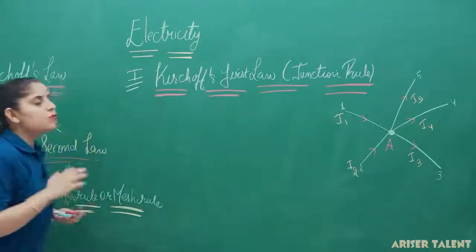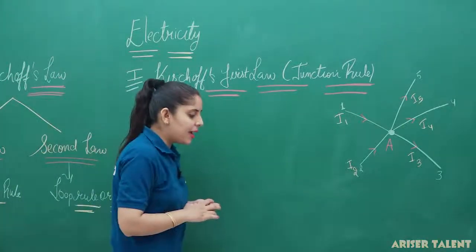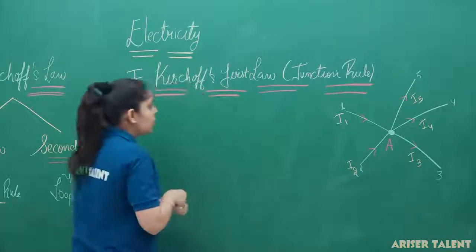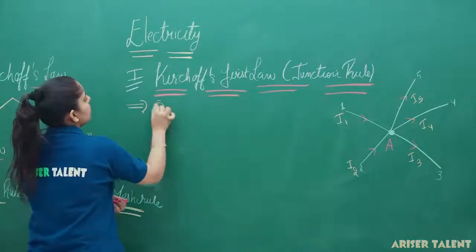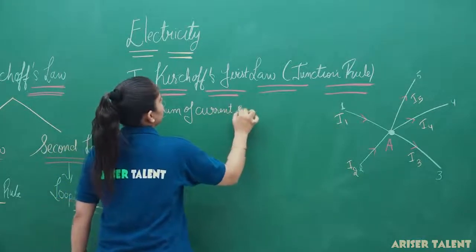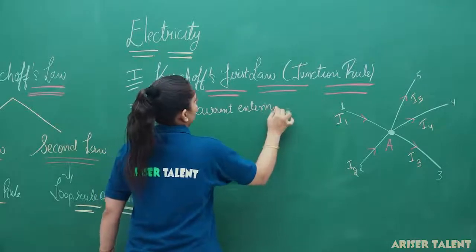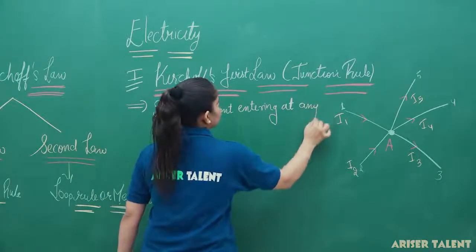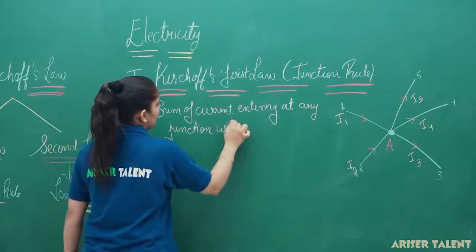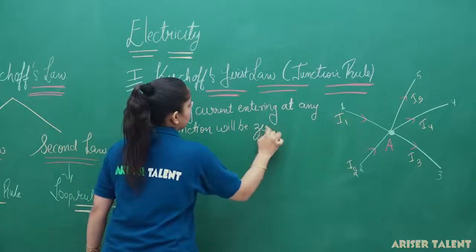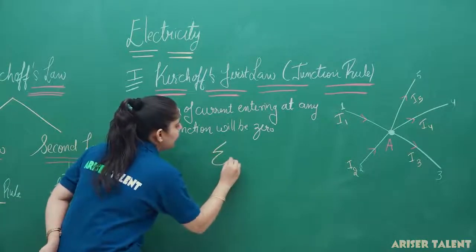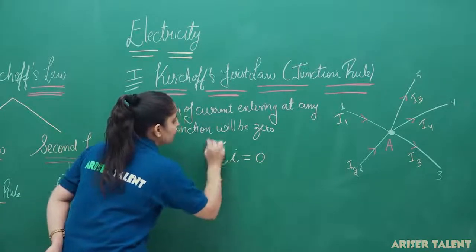So, Kirchhoff's first law, that is the junction rule, states that the sum of currents entering at any junction will be 0. In the form of a formula, I can write here summation of I equal to 0.